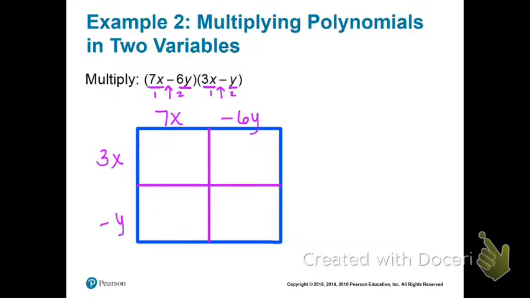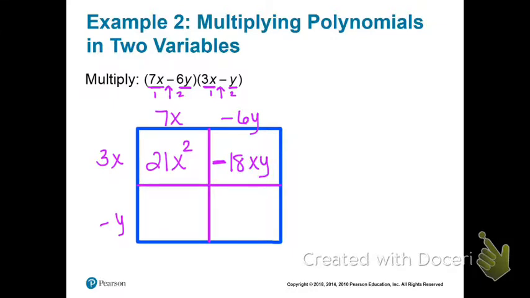We'll multiply, so 3x times 7x is 21, and then remember, keep your x, add your exponents. 3x times negative 6y, positive times a negative is negative, 3 times 6 is 18, and then I have an x and a y, put them in ABC order.